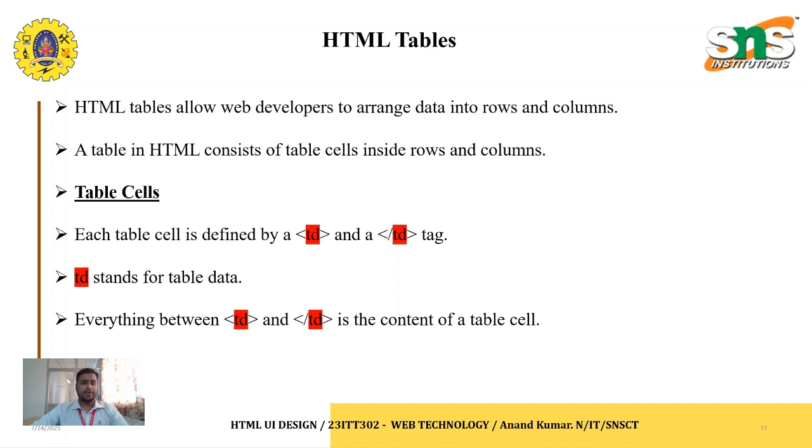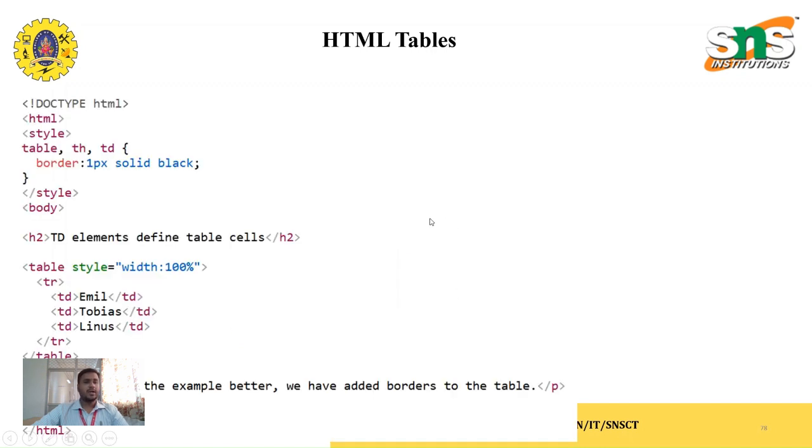Each table cell, or table data, is given by the tag td and slash td. I mean to say td initiates the table data and slash td terminates it. TD stands for table data, and everything between td and slash td is the content of a table cell.